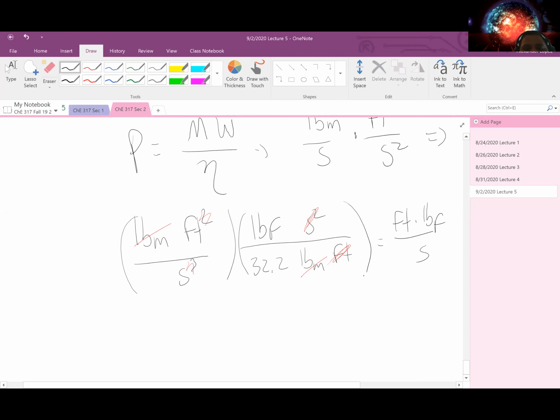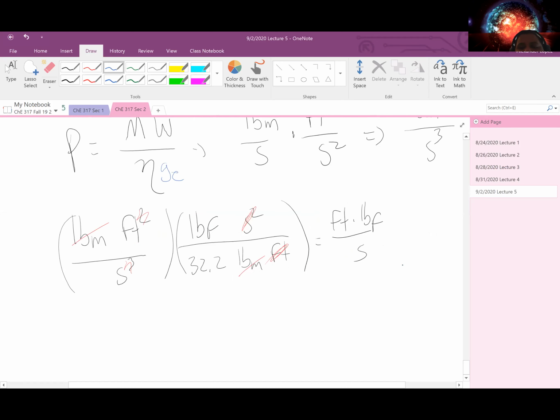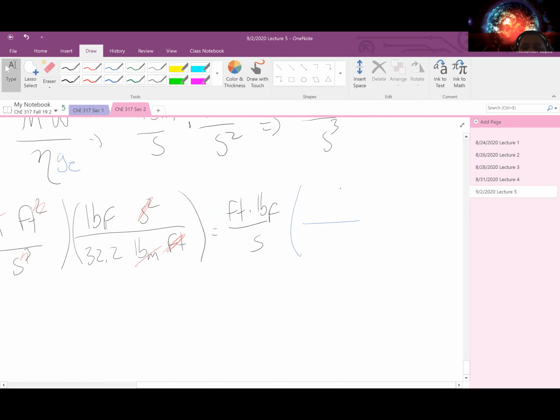If it'll help, you can put a G sub C there, just to let you know that that's how you're going to make that connection to get the units where they need to be. And once you've got foot pound force per second, then you just say a horsepower is 550 pound force foot over a second.